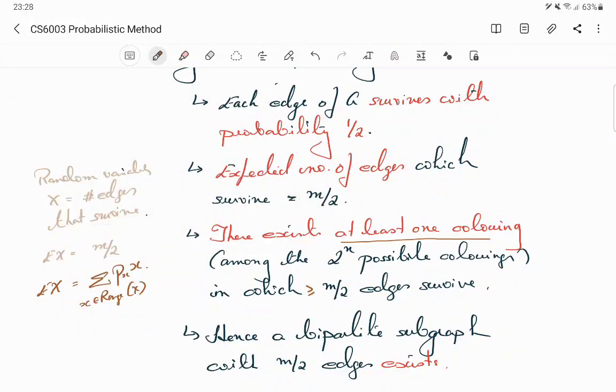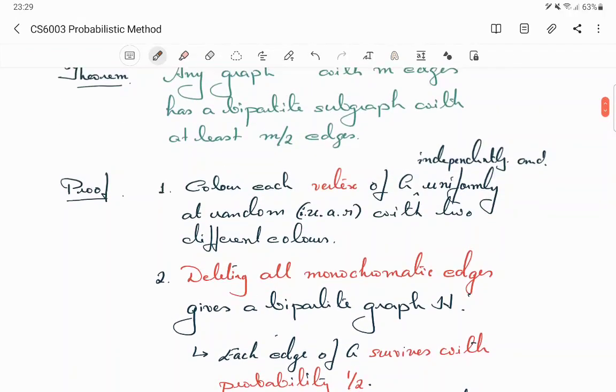think of this as a search problem, what do I mean as a search problem? You know that there is this bipartite graph, and one of these colorings generates a bipartite graph with a large number of edges, and you are trying to search for that coloring. Somehow the magic that is happening here is that if you guess that coloring randomly, by doing this very natural random experiment of coloring each vertex independently and uniformly at random, then it looks like there is a good chance that it gives such a coloring.